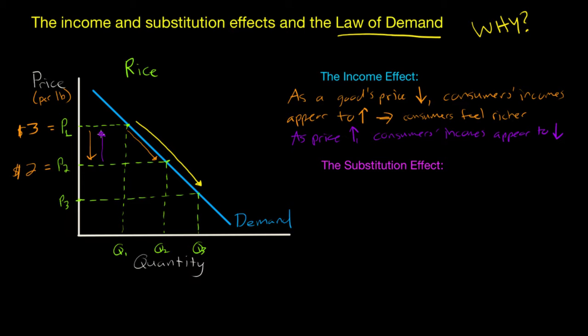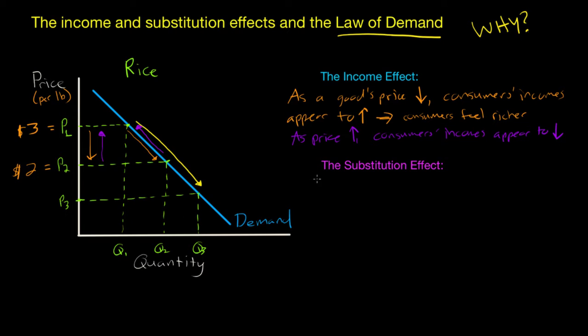And since we are inclined to buy less of most goods as our incomes fall, we demand a smaller quantity of the good as the price rises. The effect on consumers' disposable incomes of changes in the price of particular goods helps explain the law of demand. As prices fall, consumers feel richer, therefore they demand a greater quantity of normal goods. As prices rise, consumers feel poorer because they have less money left over after purchasing their goods, therefore they demand a smaller quantity of normal goods.